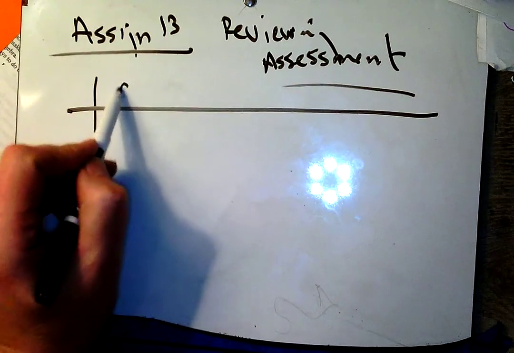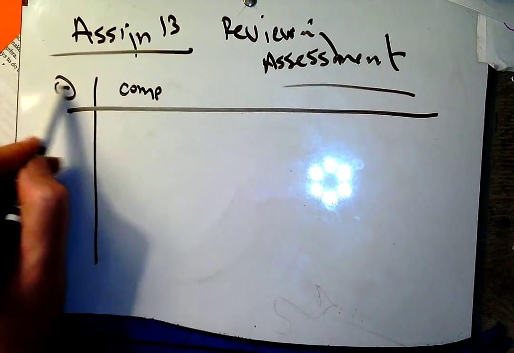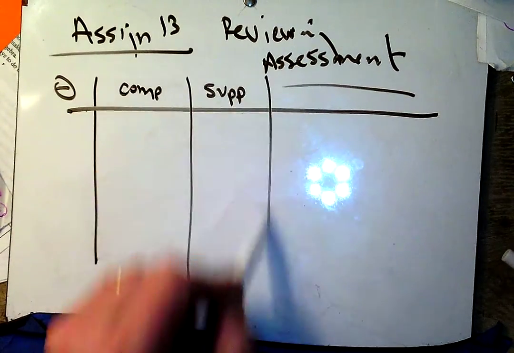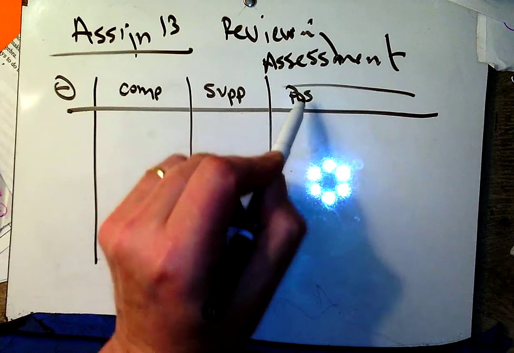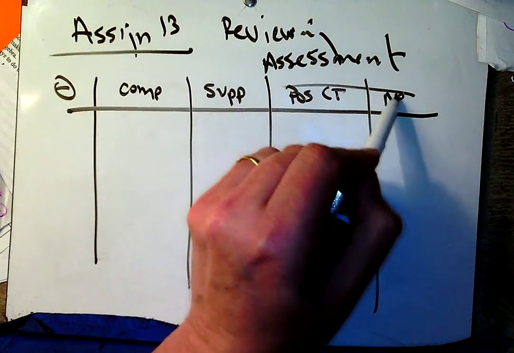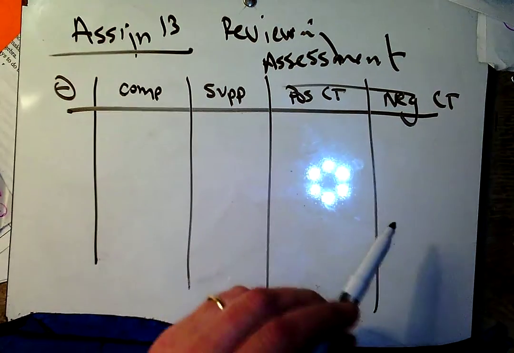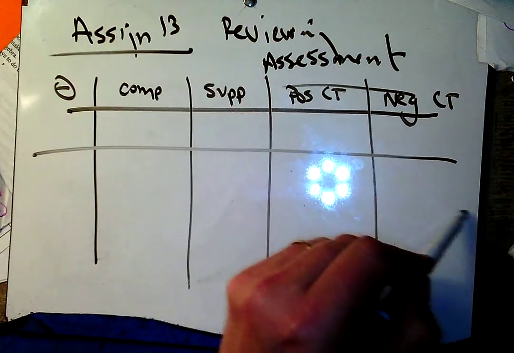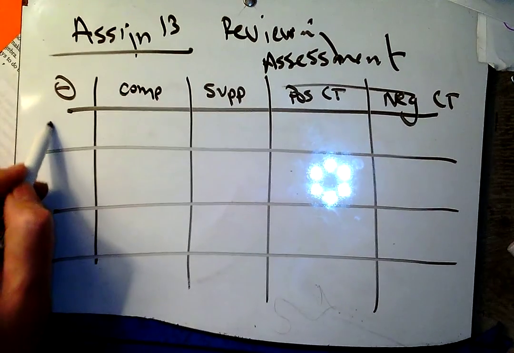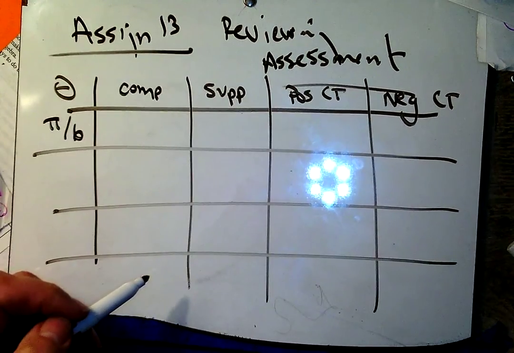I want the complement, and I want the supplement, and I want a positive coterminal angle, and I want a negative coterminal angle. Okay, and let's start with something gentle like pi over 6.